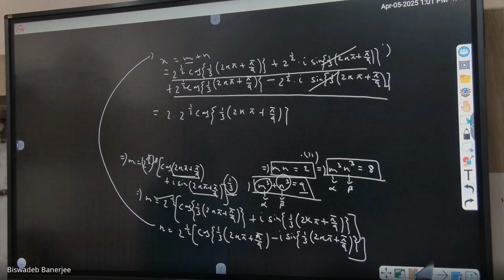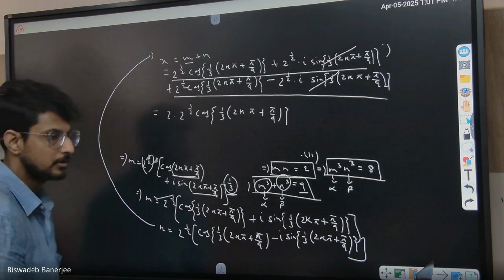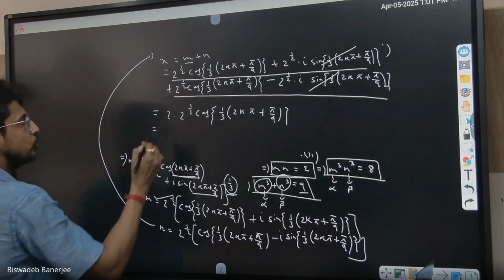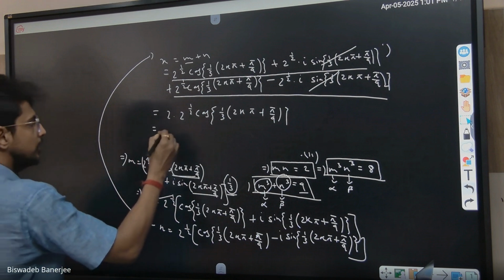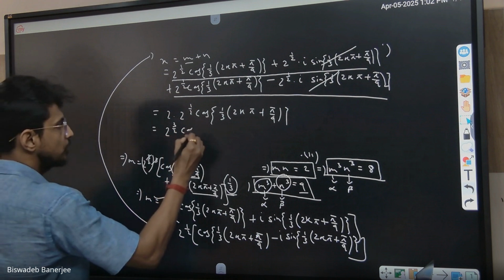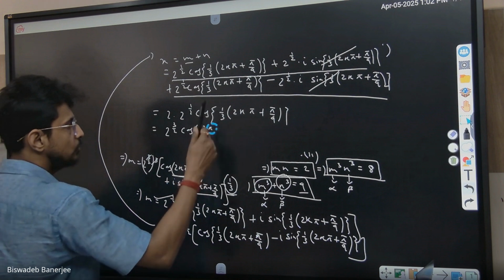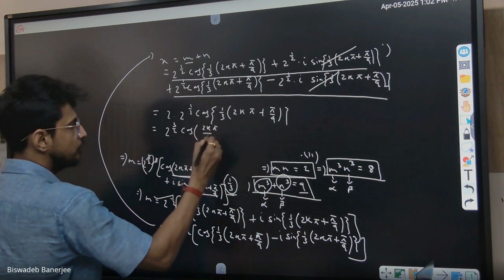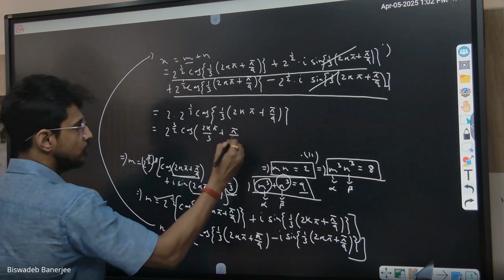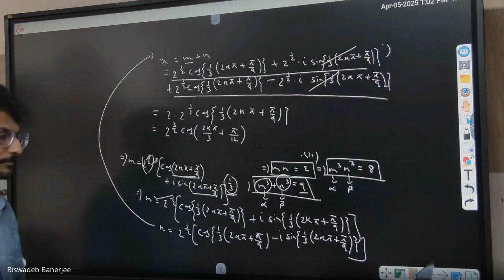After adding them, we are getting this, and 2 into 2 to the power half gives you 2 to the power 3 by 2. And there is my cos of 2k pi by 3 plus pi by 12. So there is my final solution.